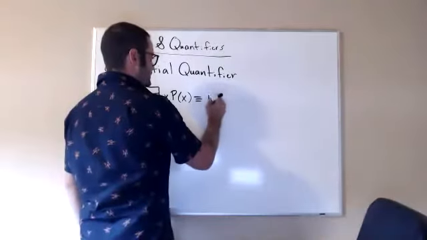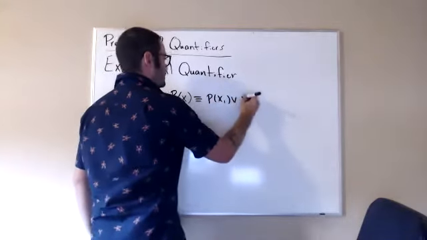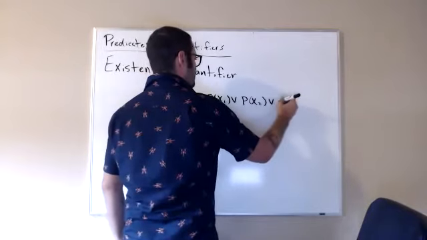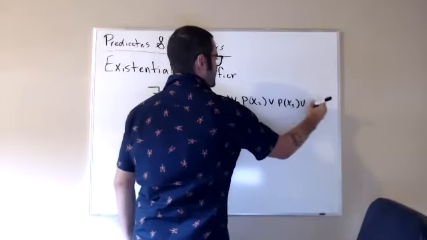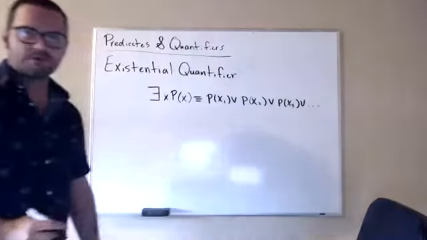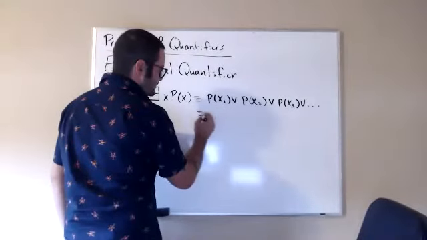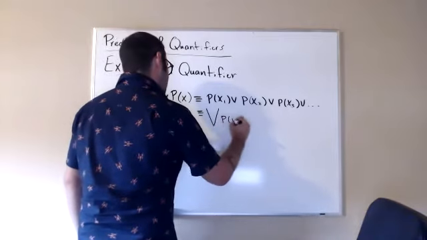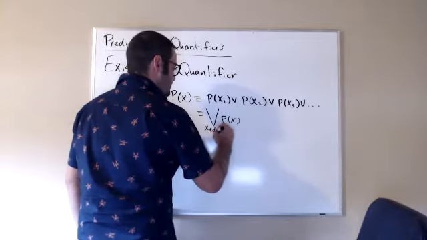So this is like p of x1 or p of x2 or p of x3 or dot, dot, dot. Ors for all x in the domain. Another way that I like to think of this is a big or symbol, where x is taken to be in the domain P.